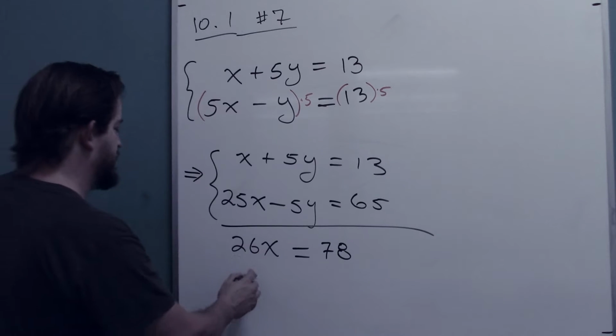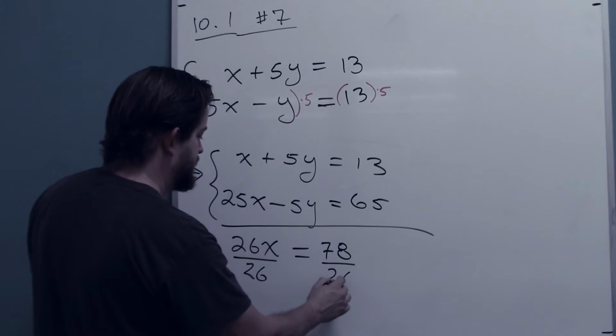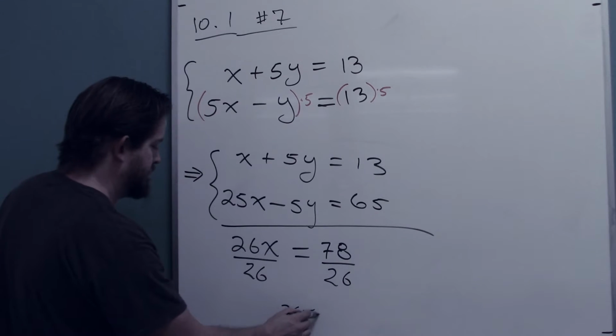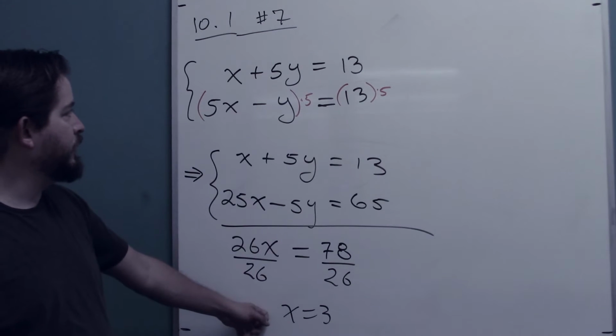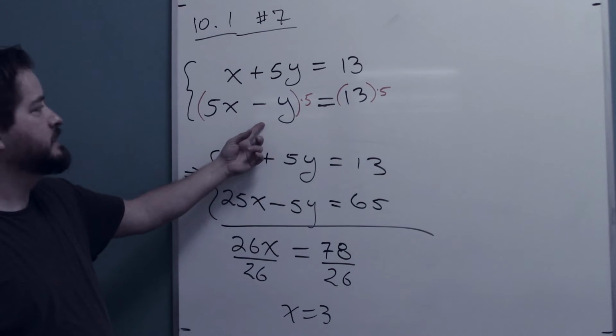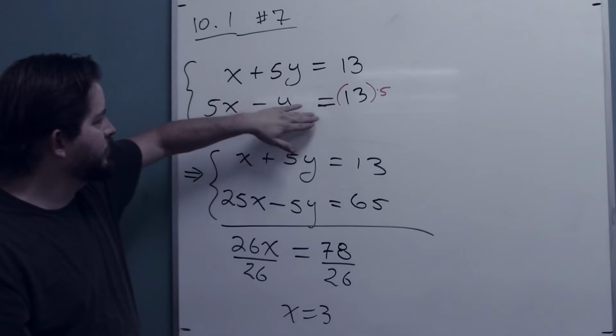And if I divide it by 26, I get 3. And I'm halfway home, right? x equals 3. To figure out y, plug it into one of these. Doesn't matter which one. I'm going to go into the second equation before I gunked it up by multiplying by 5.